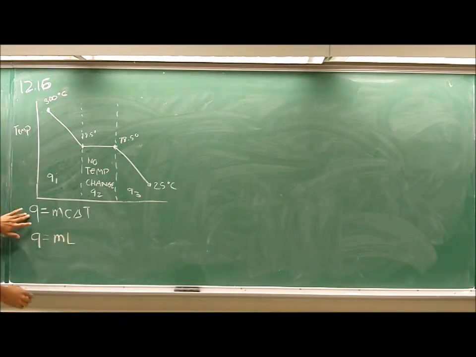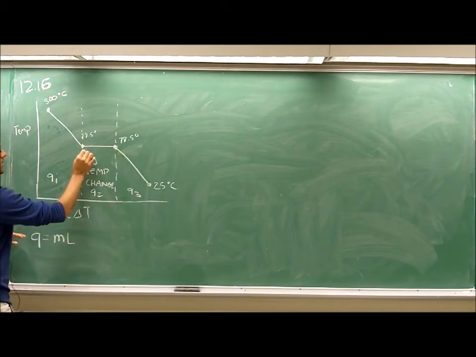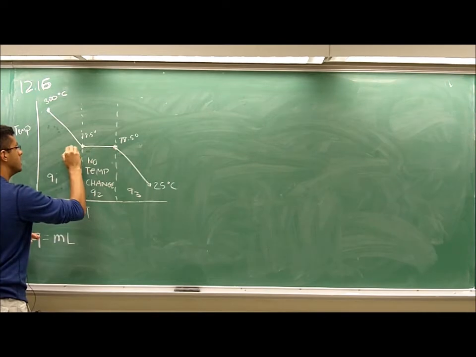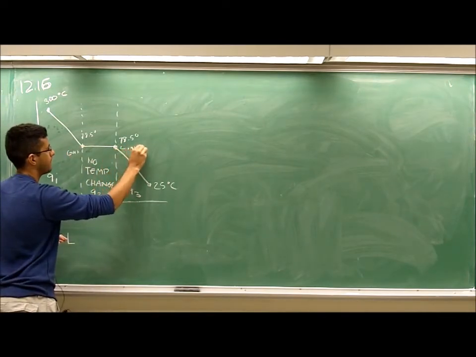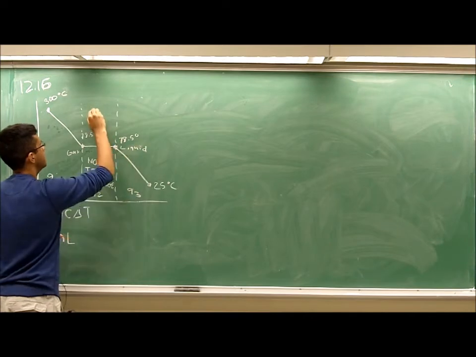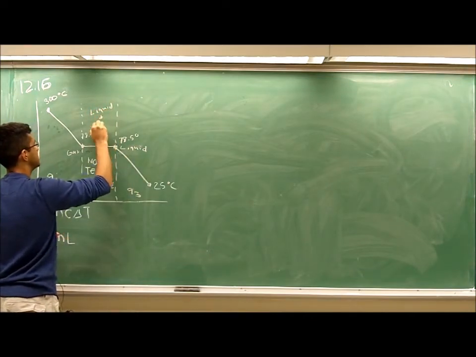The first equation is used when there is no phase change occurring, so there is a change in temperature, as you can see here. The second equation is used when there's a phase change occurring. So you got a gas here, but you got a liquid here, and you have liquid plus gas in this stage.